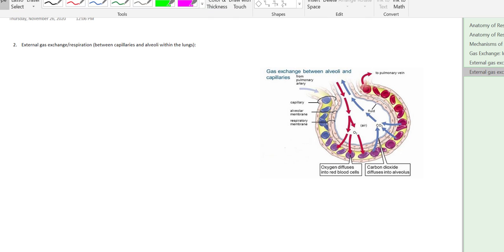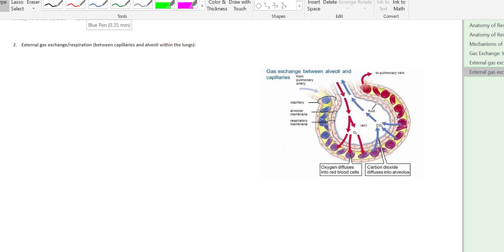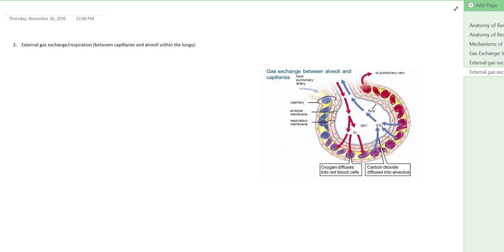So essentially, what's happening is the reverse of what was happening during internal respiration.